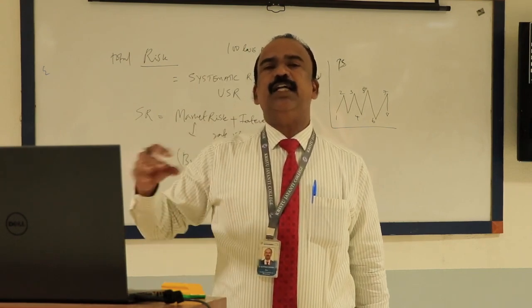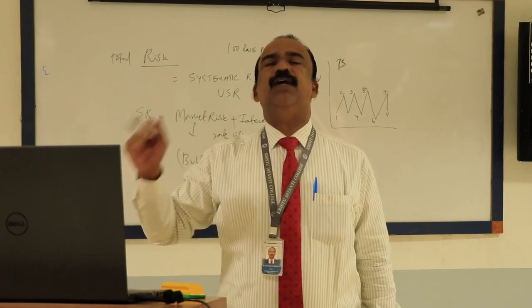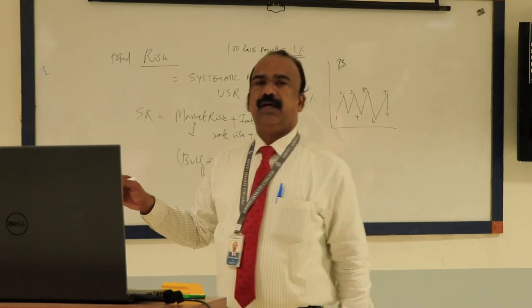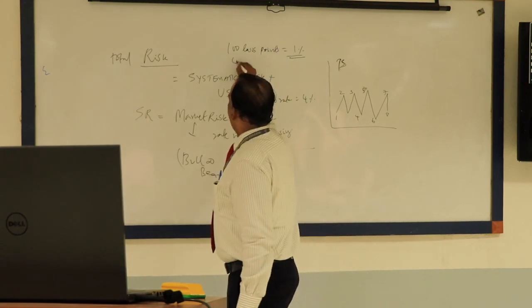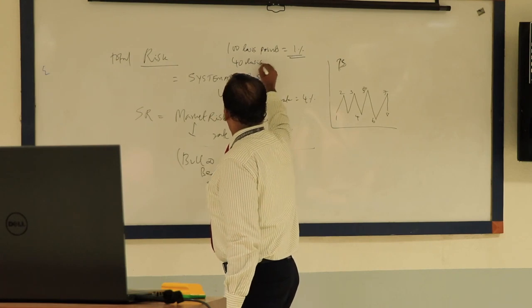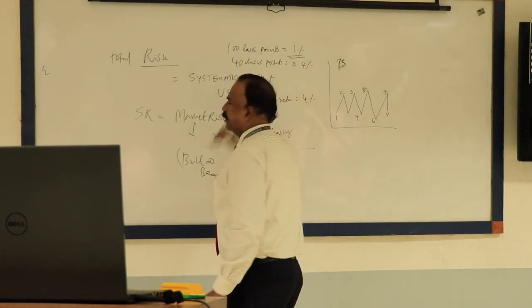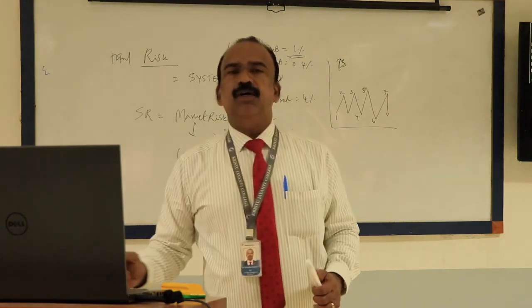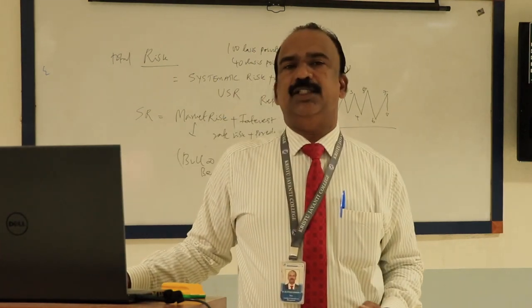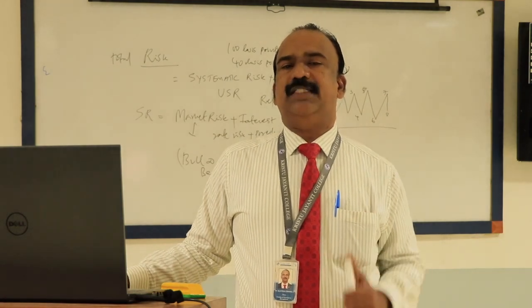When he reduces 40 basis points, how much percentage? 0.4%. Okay. So 40 basis points means 0.4%. So he reduced from 4.4% to 4%. So the current repo rate is 4%.